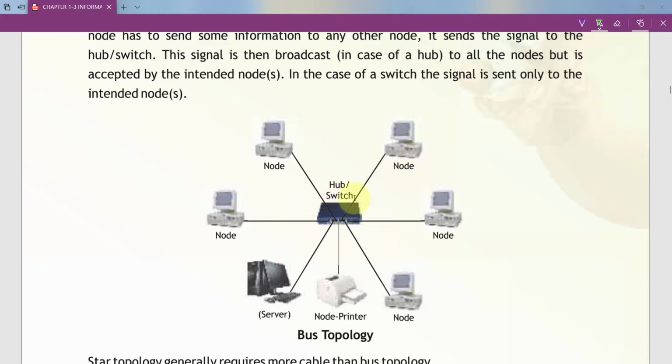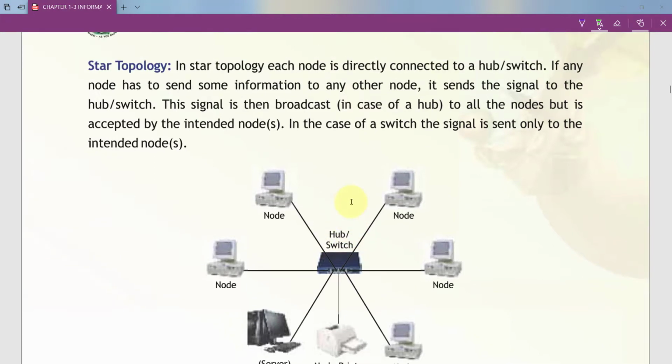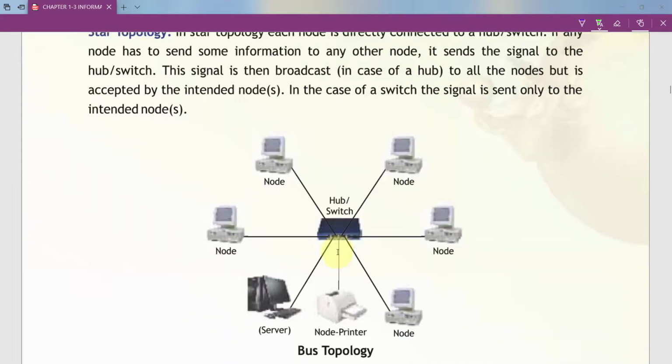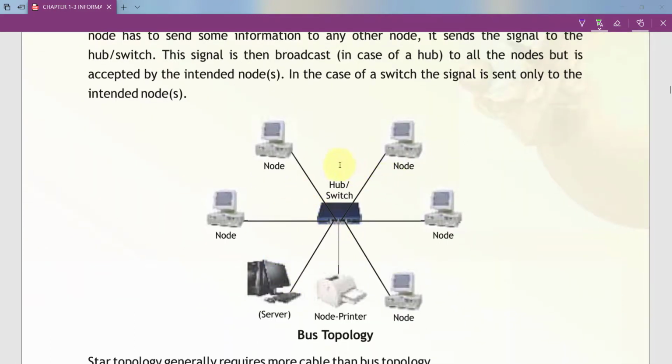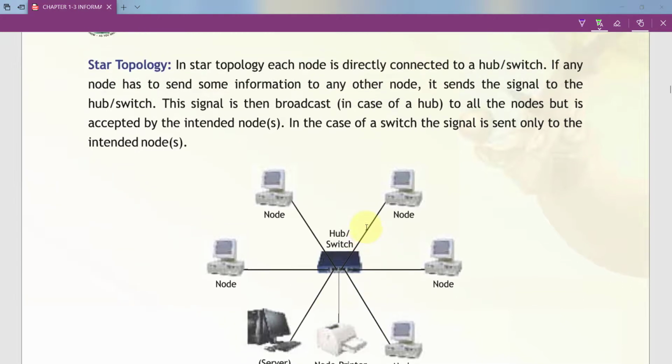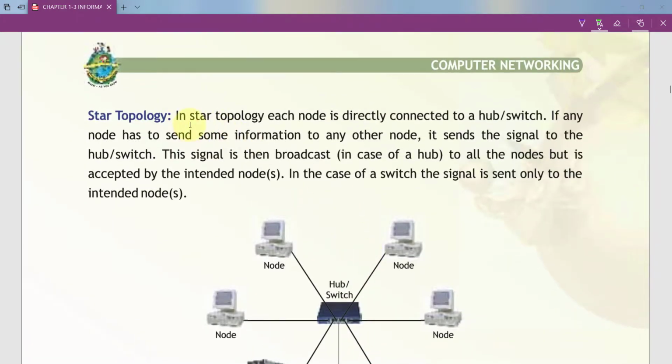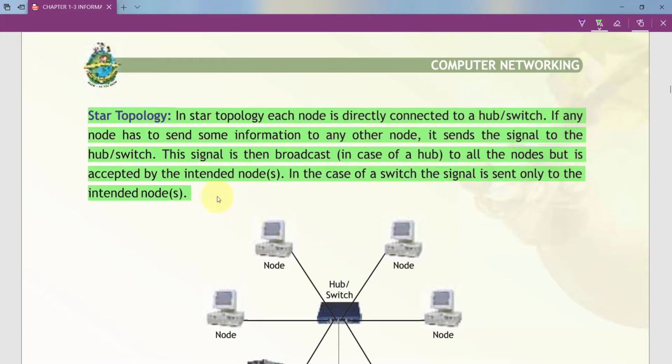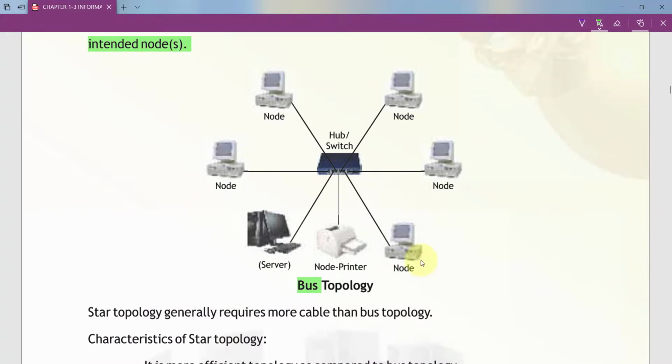So this is the difference between a hub and switch, and you already learned about it. So this is the star topology. So now you note down the definition of star topology completely. Clear? And also draw this figure.